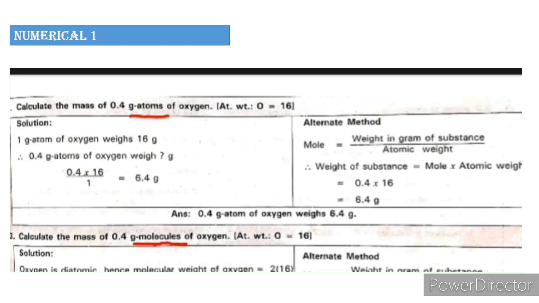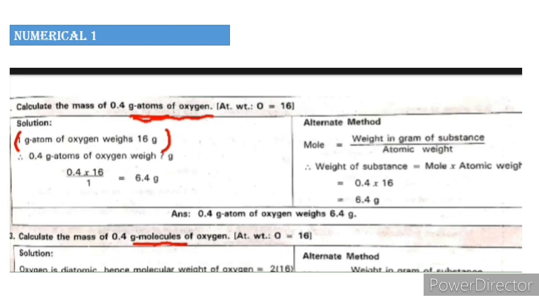So, solving the first problem, gram atom of oxygen. Therefore, we take atomic mass of oxygen for solving this problem. 1 gram atom of oxygen has a mass of 16 gram. 16 is atomic mass of oxygen.